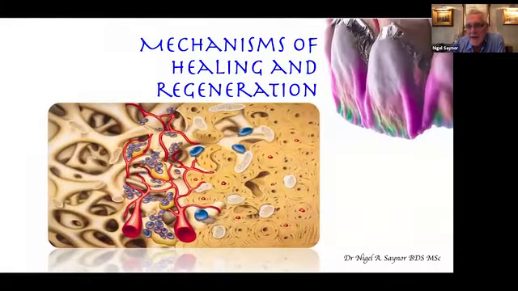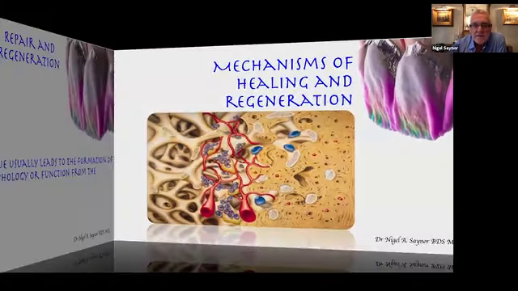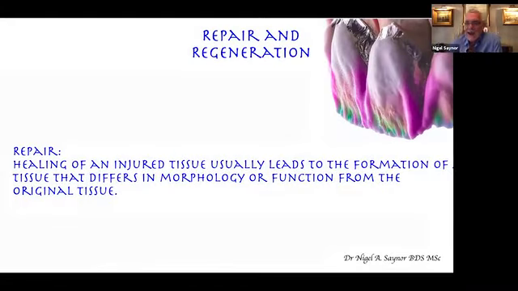So you've got mechanisms then of healing and regeneration. So if we look at this, repair is the healing of an injured tissue, which leads to the formation of that tissue that differs in morphology or the function from the original tissue.